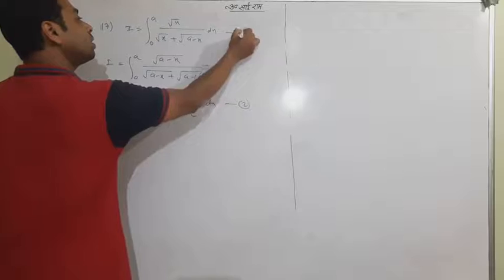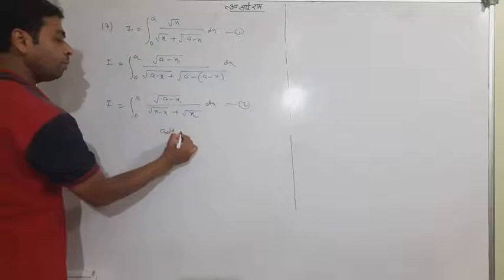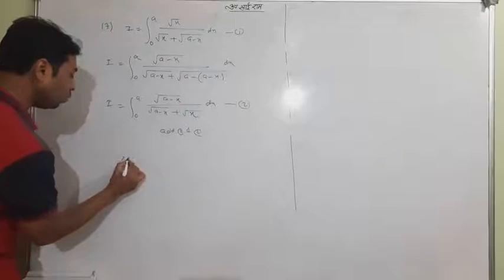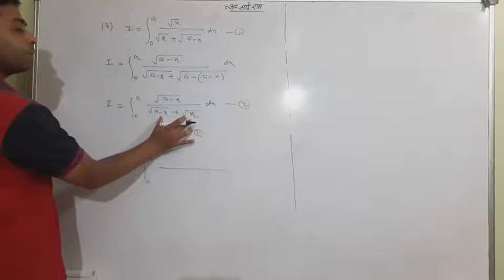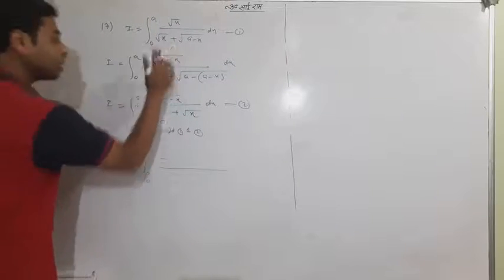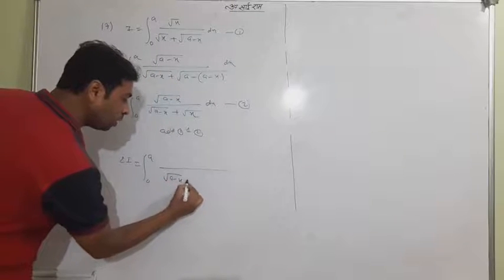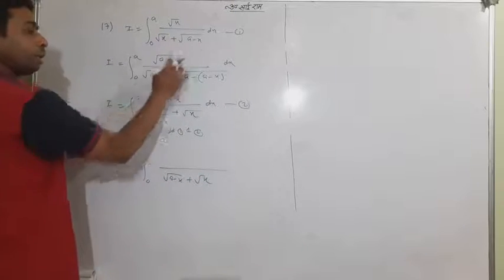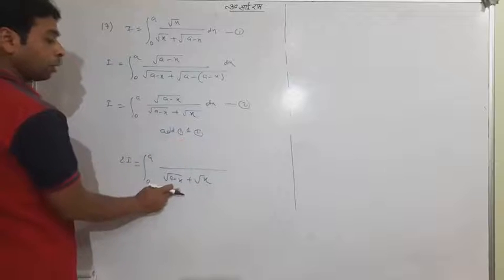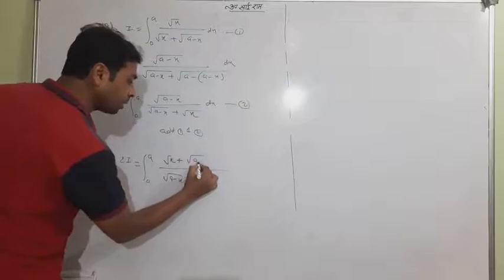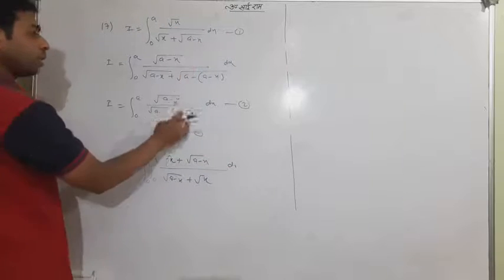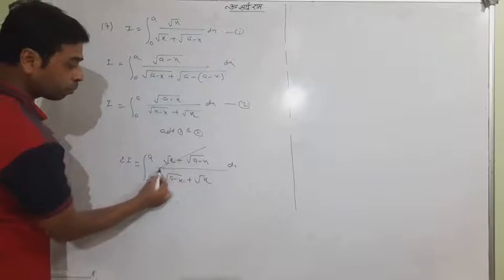Now students, this is 1 and 2, so add 1 and 2. Whenever the denominator is the same, a minus x plus x, a minus x plus x, both are the same. So taking LCM, the denominator will be the same and the numerator will be combined, x and a minus x. Look at, both will cancel.